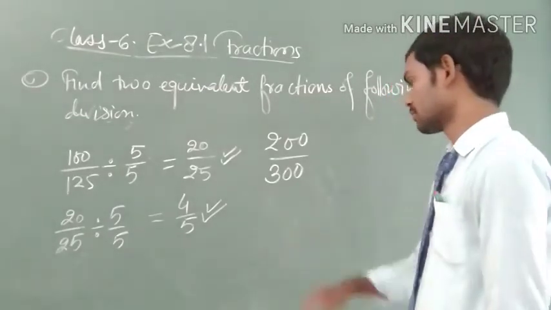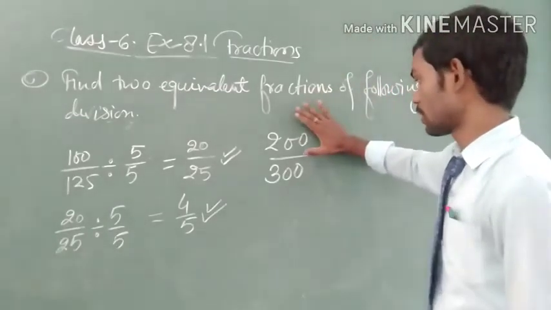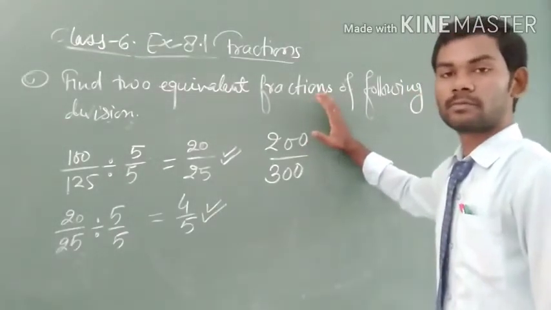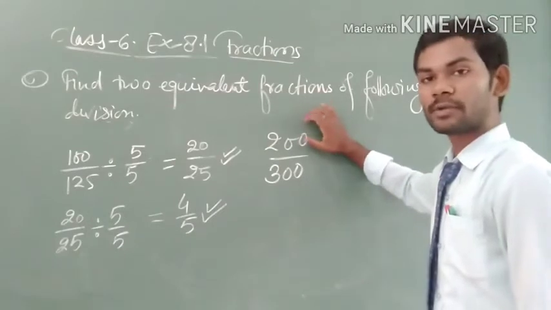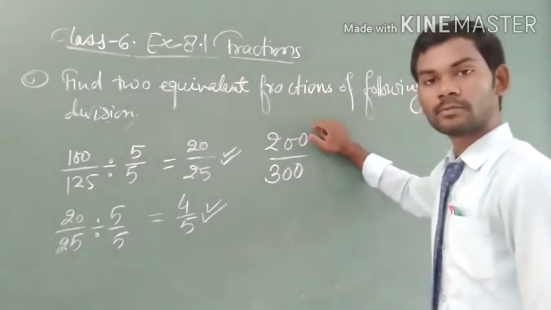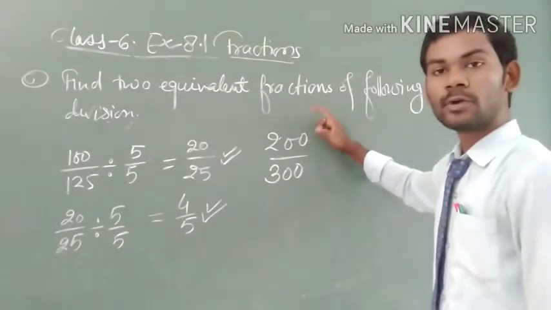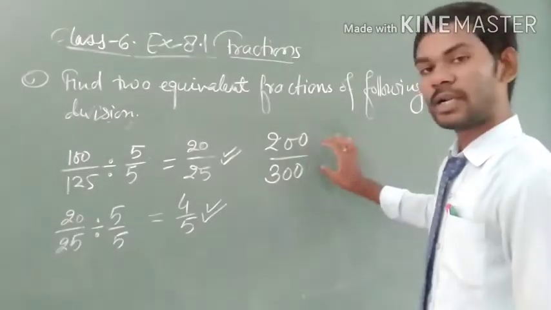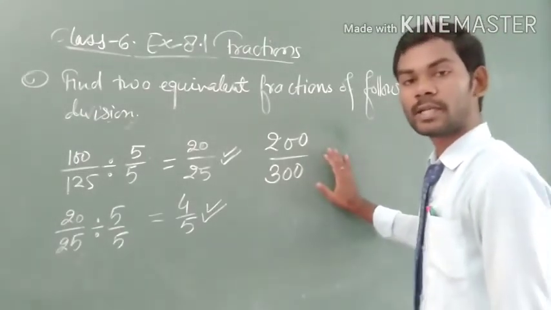So let us see. This fraction can be divided by many numbers. First, I would like to divide this by 10. After that, I will show you the division by 2 and 5 also. So first, let's divide this by 10.